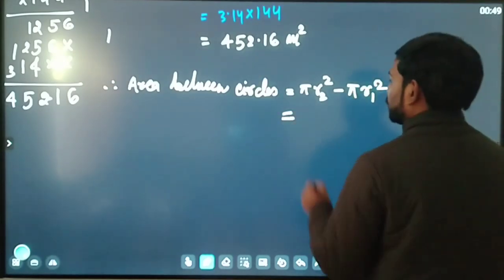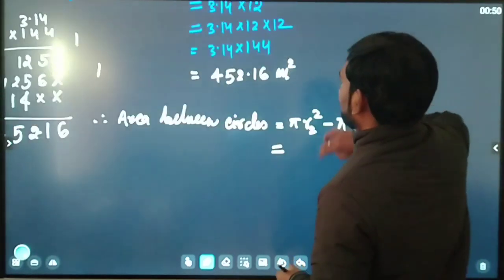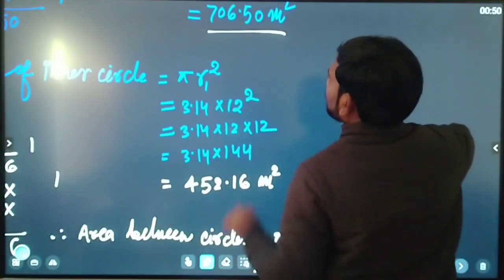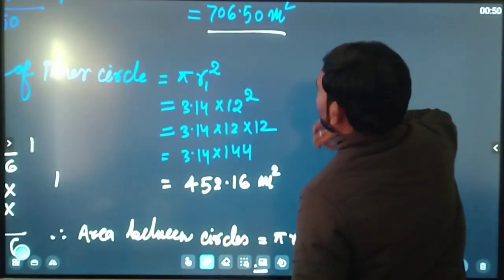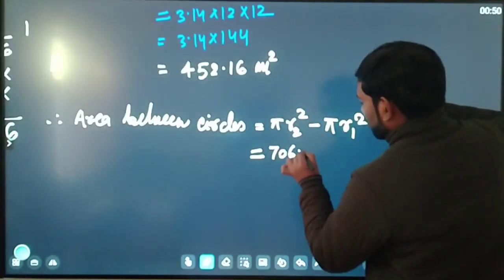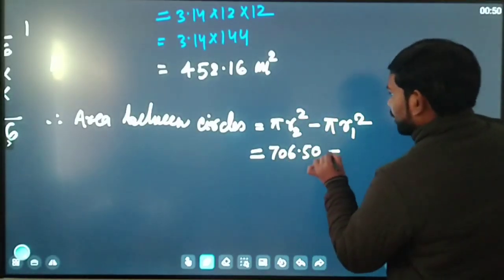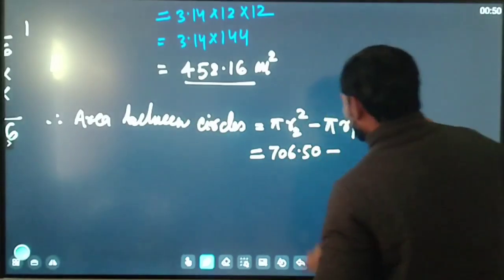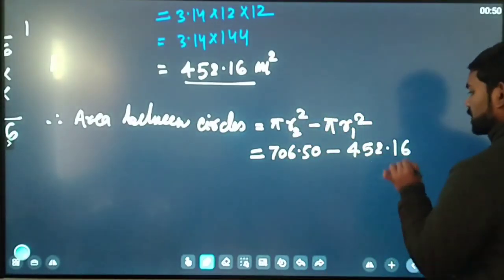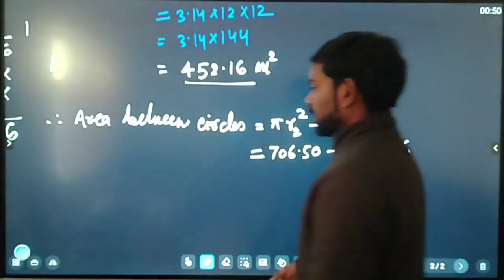Now let's write the value of pi r2 square. The value of pi r2 square is 706.50. So here we write 706.50 minus the area of the inner circle, that is 452.16. Now find the difference.